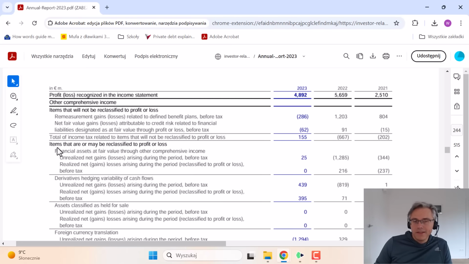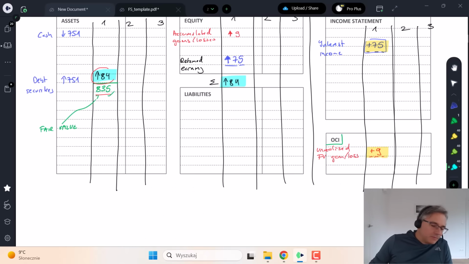One of the inputs into the OCI computation is what happens to the unrealized net gains or losses arising during the period, and this is basically on instruments that are measured via OCI. Right, so I just wanted to give you a real life perspective.